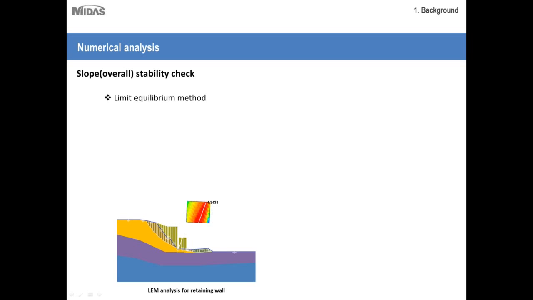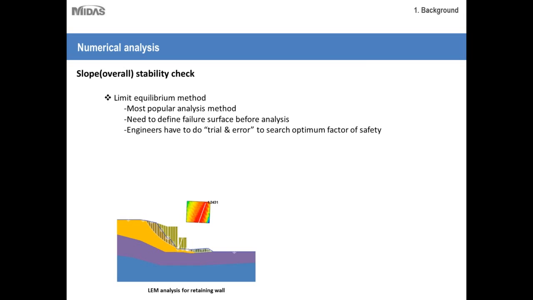So what we are doing is basically defining a set of failure planes in advance, and then checking what will be the factor of safety at different surfaces or different radii. This method no doubt is the most popular method, but you need to define failure surfaces before analysis, and therefore engineers have to do trial and error to search for the optimum factor of safety.